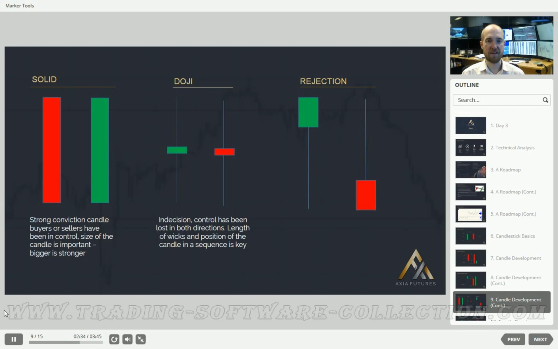Next up is a rejection candle. These are generally known as a hammer or a shooting star, if they happen at the high or low of a range, and that again is where they're very important.